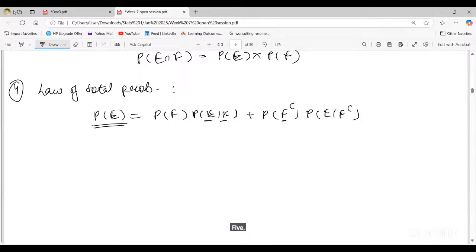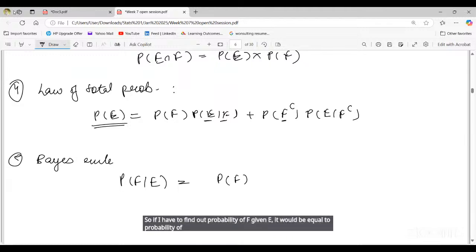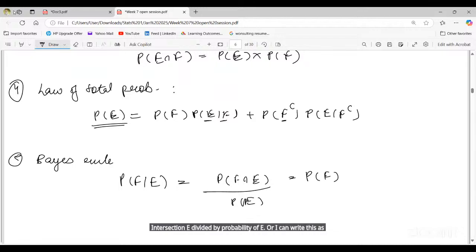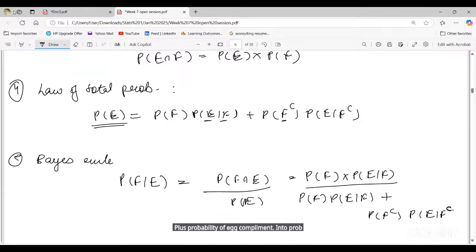And the last thing is the Bayes rule. If I have to find the probability of F given E, it would be equal to the probability of F intersection E divided by the probability of E, or I can write this as the probability of F into the probability of E given F upon the probability of F into the probability of E given F plus the probability of F complement into the probability of E given F complement.